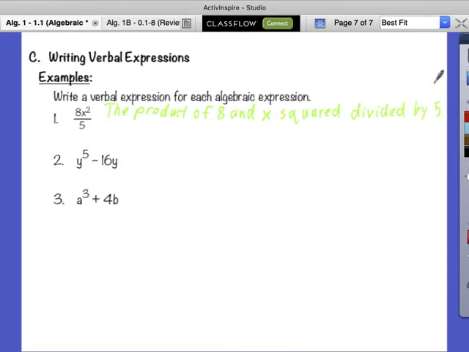That'd be amazing. That works great. Great job, Emily. Some keywords that Emily used very strategically: product means multiplication, so she's multiplying 8 and x squared, and that's what's happening in the numerator. And then that fraction mark means division, so she put divided by 5, because that's what's happening down here.